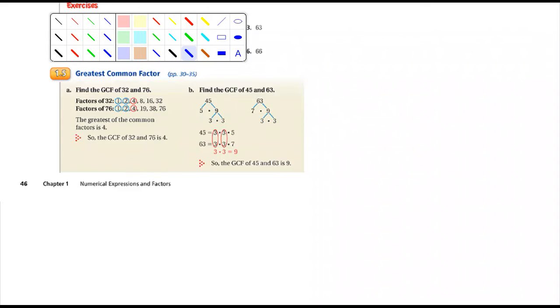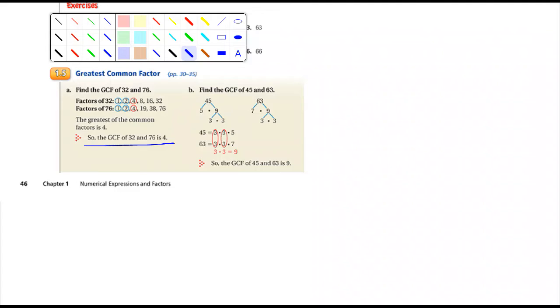The factors of 32 they listed here, and the factors of 76. And then all the ones that matched, they circled. And the greatest factor between those two numbers is 4. And so the greatest common factor of 32 and 76 is 4. That's one way to do it.